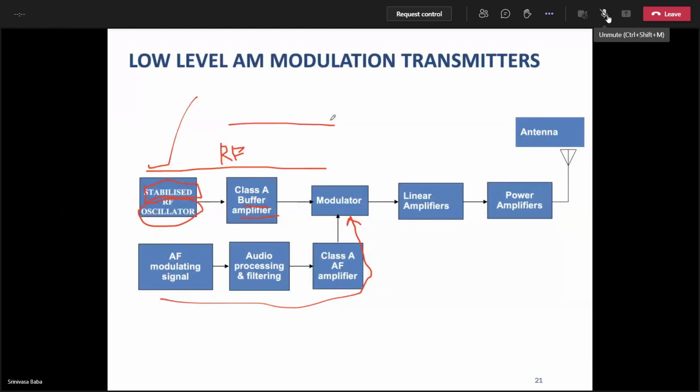This is the direction in which the signal is traveling in the forward direction. And this is the direction in which the signal is traveling in the opposite direction. So this buffer amplifier will allow the signal in the forward direction. So whatever oscillations you have from this oscillator will be traveling via this buffer amplifier to the modulator and the rest of the blocks.